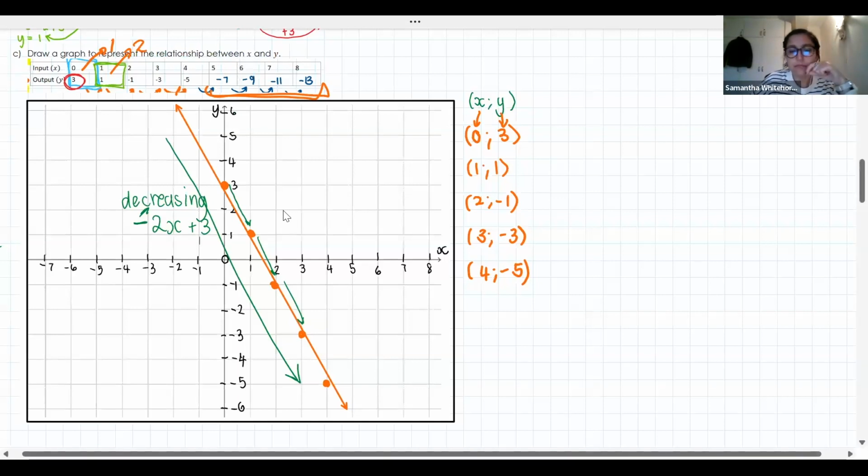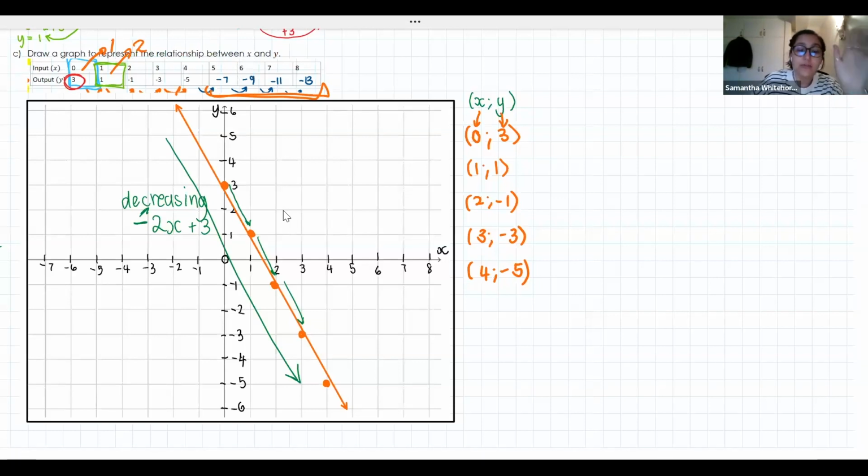So, like I say, a graph is another way to represent this relationship. From the graph, I can tell that I'm decreasing by 2 each time. I can tell that this is a decreasing relationship. So as my x values are increasing, my y values are decreasing. And so just from looking at a graph, I'm able to start to see what sort of relationship I have.